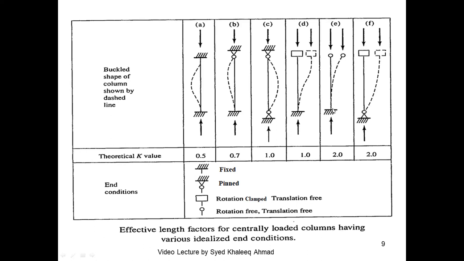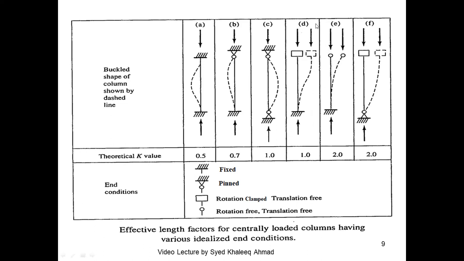So the column is fixed here, but its translation is possible, it can move in that direction. Here in this case, one end is fixed, and at the other end the end is free, not supported, but rotation is possible. In one case the rotation is possible, but in the other case the rotation is not possible.